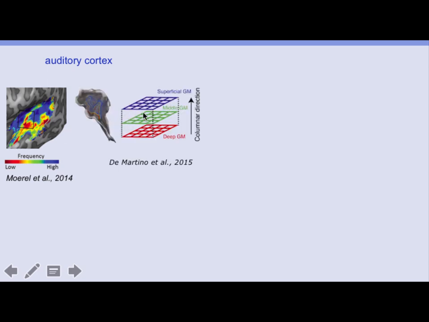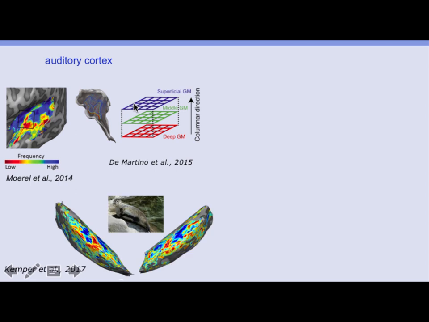And they're also starting to do it now across different cortical layers, especially looking at the tuning width of different cortical columns and seeing how the tuning width changes based on attention across these different layers. And they're also pushing it further to more naturalistic sounds, for example, this cry of a seal baby here, where you see very similar patterns: these low frequency dominances right on top of Heschl's gyrus and then these higher frequency sensitivities around that.